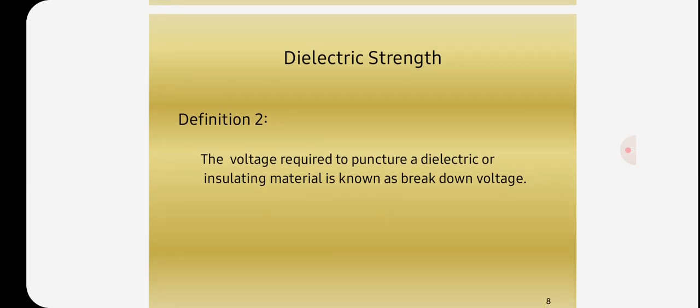Another definition for dielectric strength: the voltage required to puncture a dielectric or insulating material is known as breakdown voltage.